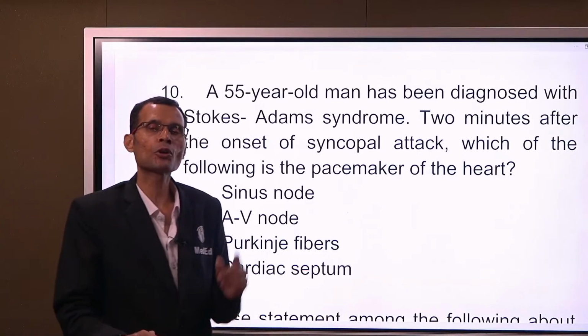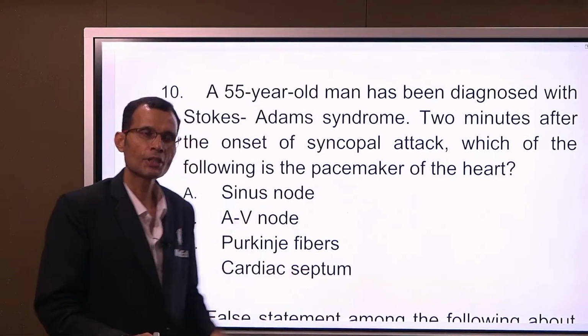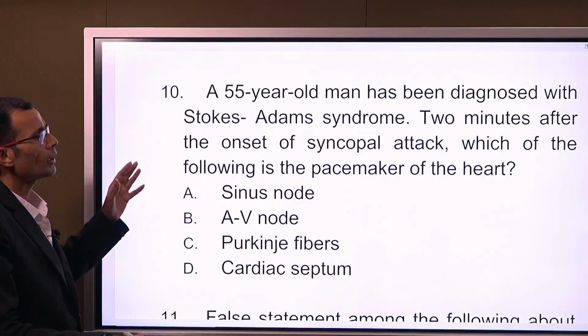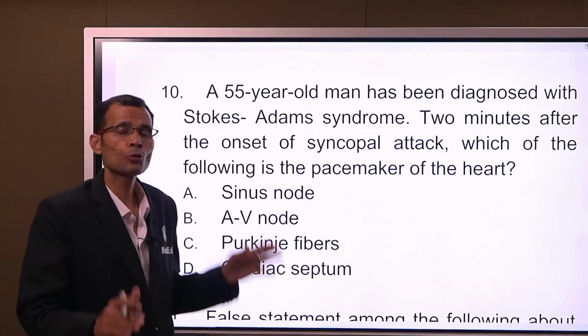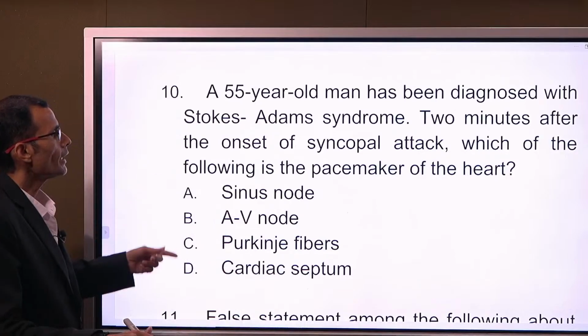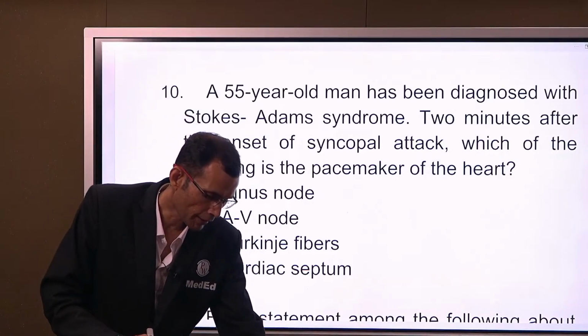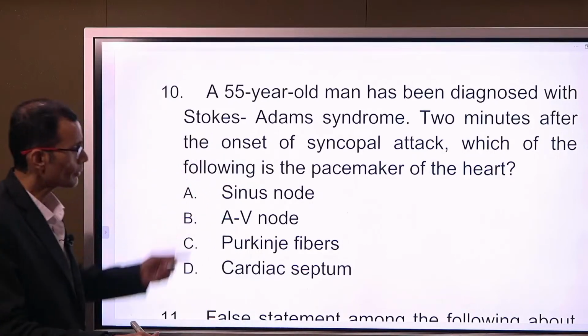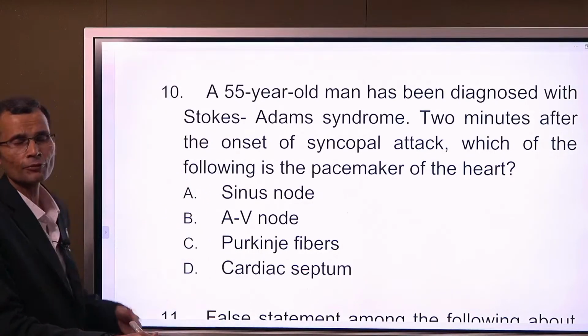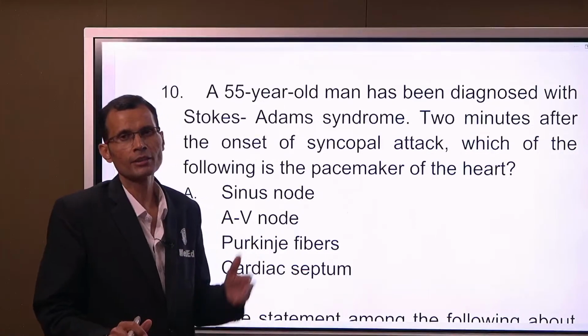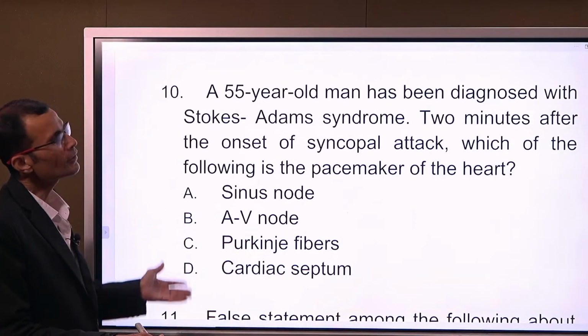Such an attack is called Stokes-Adams syndrome. So that's what happens in Stokes-Adams syndrome. And eventually the Purkinje fiber becomes the pacemaker and starts generating impulses. So that's Stokes-Adams syndrome.